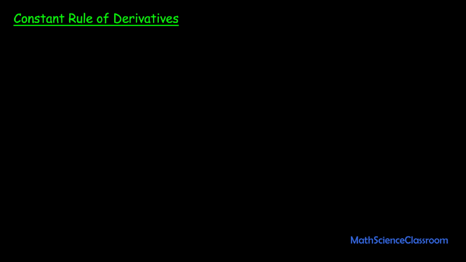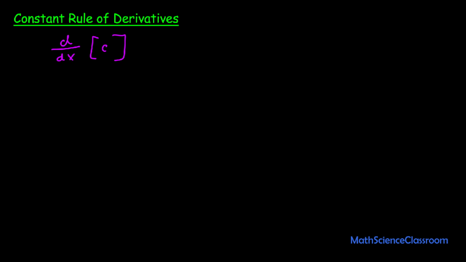This lesson is about the constant rule of derivatives. The way you would write the derivative of a constant would be d over dx c. The way you read this would be the derivative of the function with respect to x, or the derivative of c with respect to x.